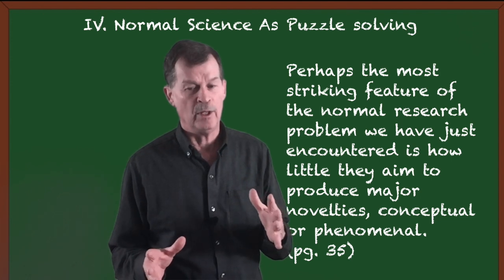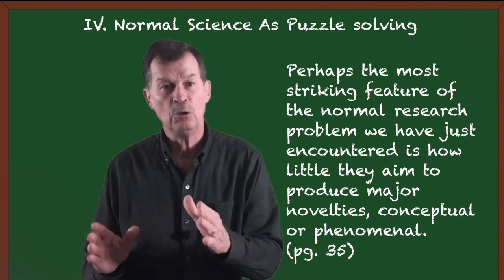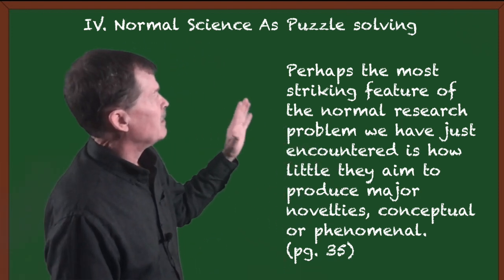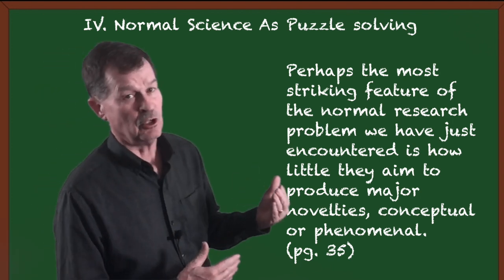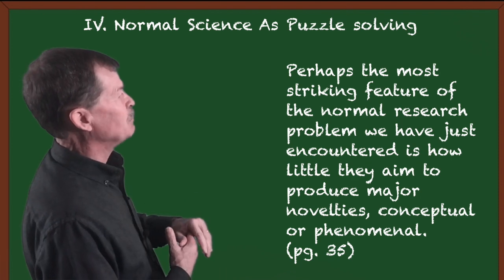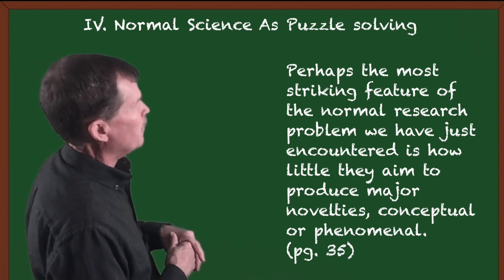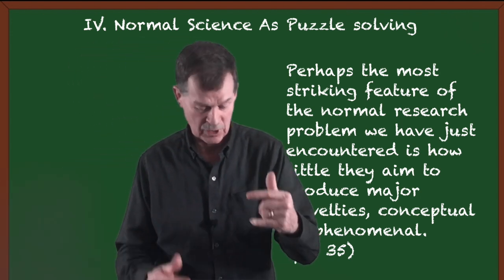And so the scientists that join this paradigm, join that community, what they're looking for is normal research. And what is normal research? It's how little they aim to produce major novelties. Why? Because a major novelty might include something that's outside the boundaries.